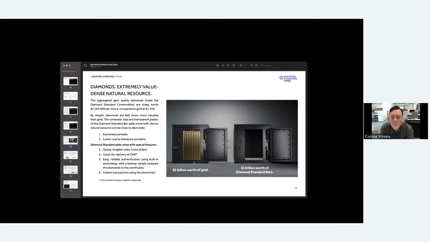So diamonds are dramatically more value dense, which means you can move a lot of value very efficiently. Their cost to store and transport is dramatically lower than it is for gold. You can decentralize diamonds. You can put them in your pocket and move them with you. That's unique among any other natural resource.